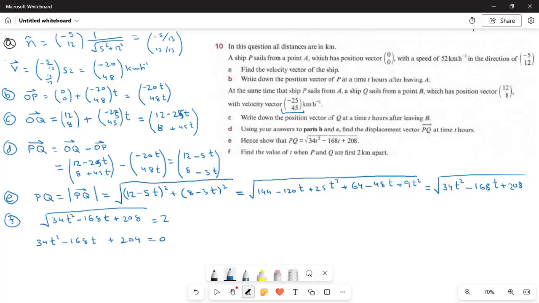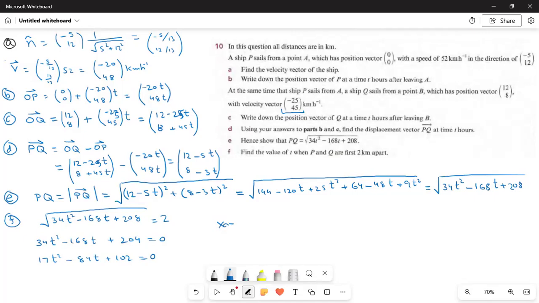If I divide everything by 2, just to make this equation a little bit simpler, it will be 17t squared minus 84t plus 102 equals 0.